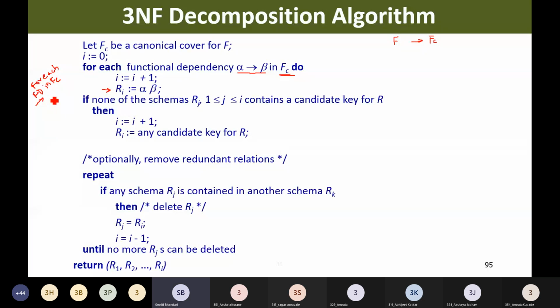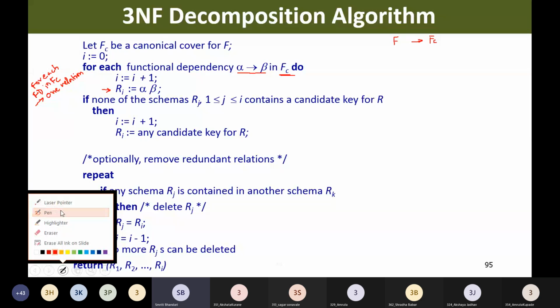For each functional dependency in the canonical cover, we will have one relation. Is that correct? Are you getting me? May I proceed? Yes, ma'am. Fine. So we have formed separate relations for the individual dependencies in our FC.